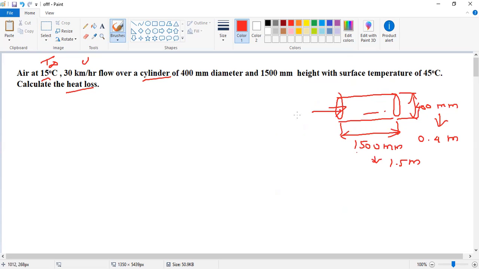Okay, and then given the surface temperature, the plane surface temperature is 45 degree Celsius, that is taken as Tw.